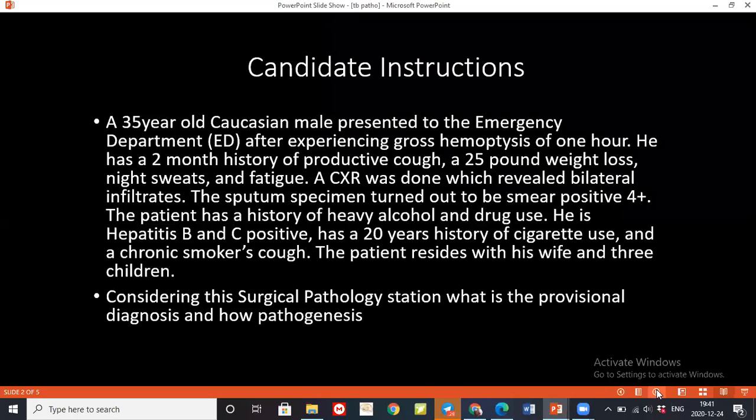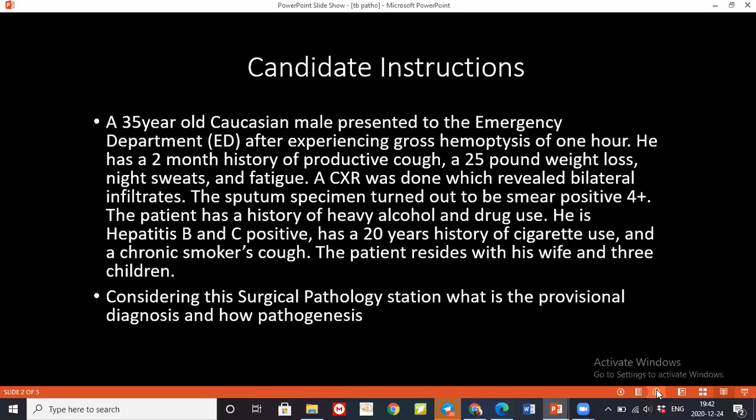Station, and here is the question. If you have read and understood, kindly tell me what is your provisional diagnosis for this patient?